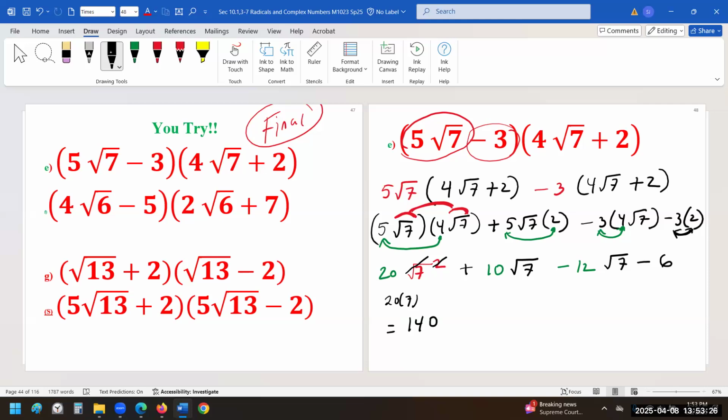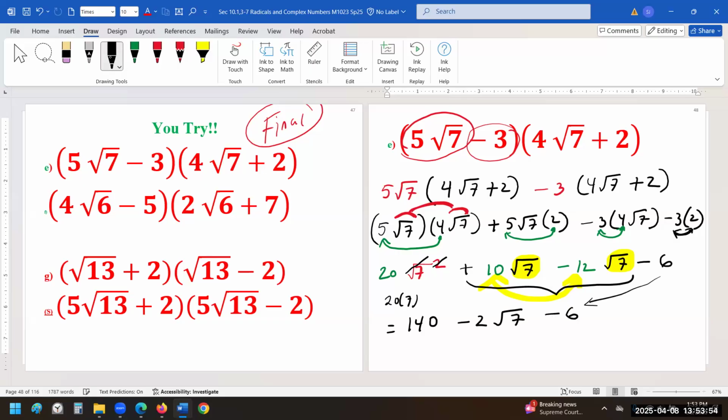There are 140 here. These are like terms when you add and subtract because we have the exact same radical with the same radicand inside. So we combine their coefficients and we get negative 2 radical 7.